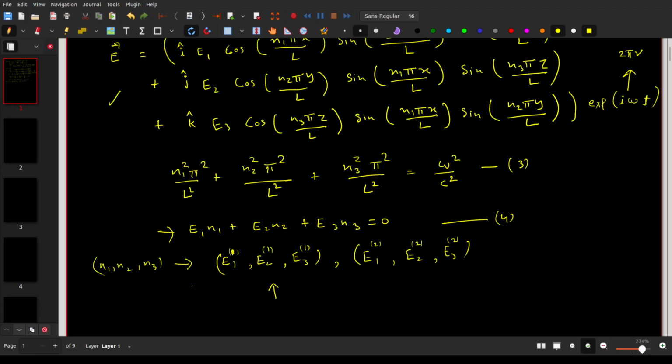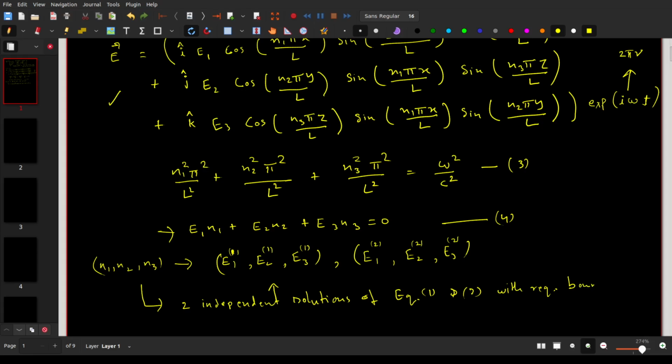So for each n1, n2, n3, we actually have two independent solutions of equations 1 and 2 with the required boundary conditions.